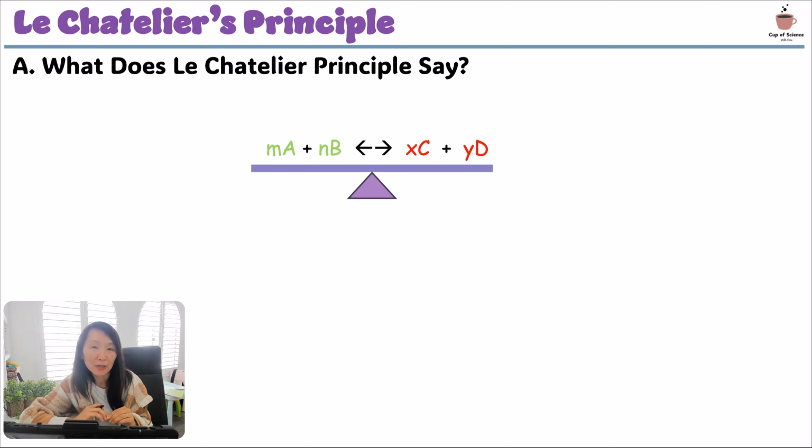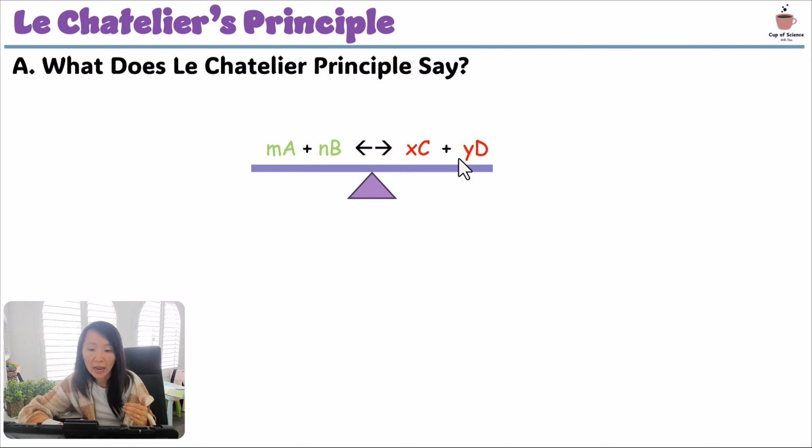I am going to be utilizing a teeter-totter or seesaw example in order to describe the Le Chatelier principle. So what does this principle say? Say you have reactant A and reactant B, and that forms into C and D. The letters m, n, x, y refer to the coefficients of this balanced equation.